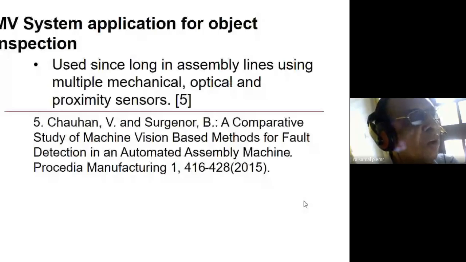Now, machine vision systems applied to object inspection. This is a 2015 paper where earlier machine vision on an assembly line was realized using mechanical, optical, and proximity sensors.